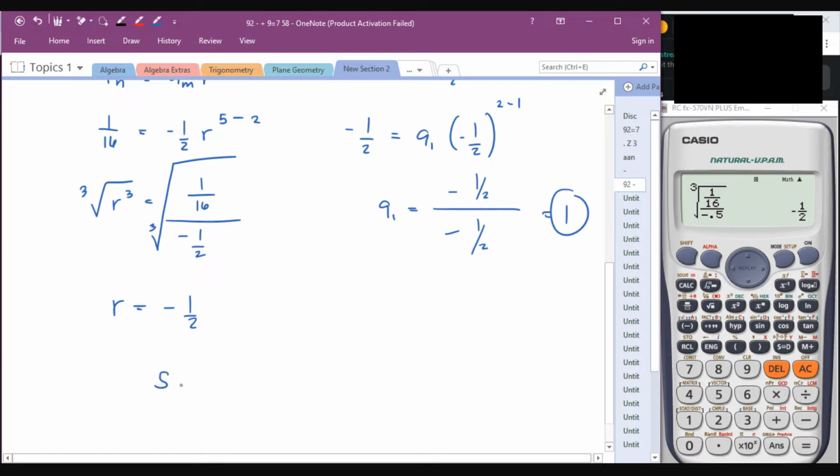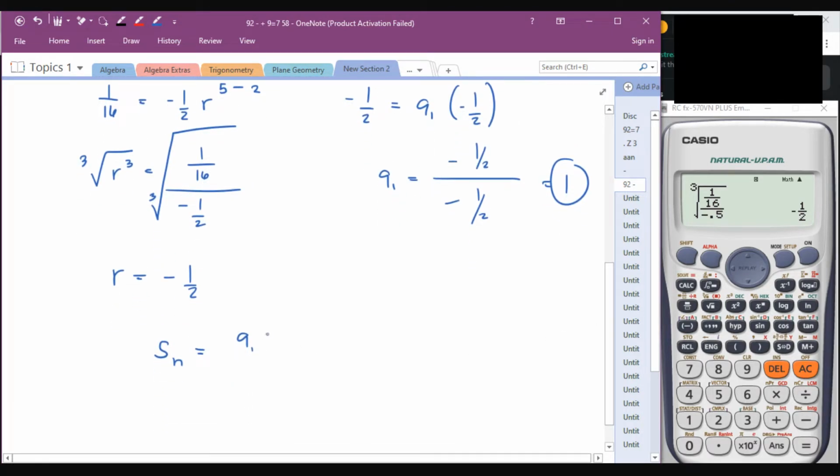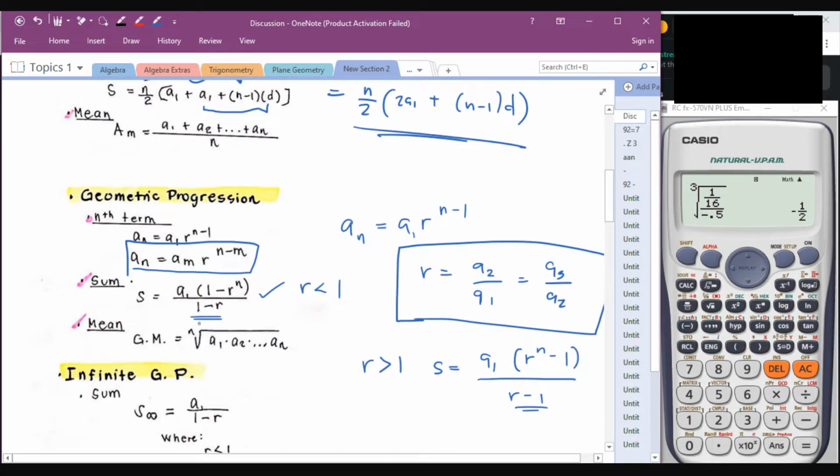Okay? So, S sub N is equal to A1. Ang common ratio ba nila, is the ratio greater than 1? No. So, S sub N is A1 times 1 minus R raised to N over 1 minus R. Check nyo dito sa discussion natin. Diba ayun yung sum of all the terms, if R is less than 1?